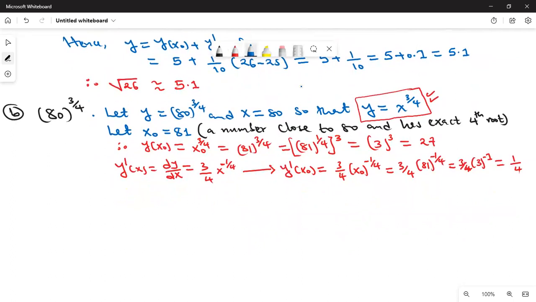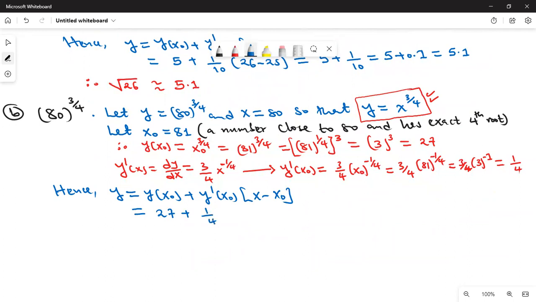So we can just say, hence, y is equal to y at x naught plus y prime at x naught times x minus x naught. And y at x naught, we have found to be 27. Y prime at x naught, we have found 1 over 4. X is 80. X naught is 81. So this will give you 27 minus 1 over 4.